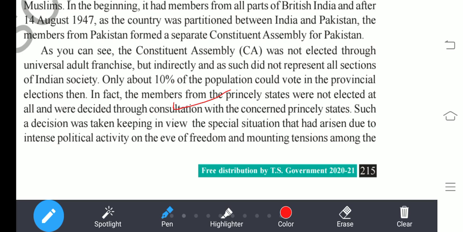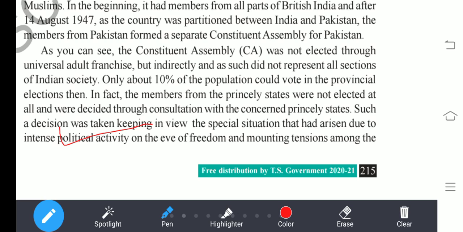So the Cabinet Mission decided to take the members to the Constituent Assembly from princely states through the process of consultation, because there was intense political activity. Understand what we call this situation? Intense political activity was there on the eve of freedom. It was a time for getting freedom.